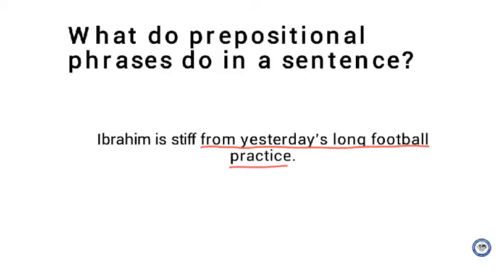So the whole thing is a prepositional phrase. And it answers the question of in what manner is he stiff, or what is the reason that he's stiff? He is stiff from the practice. So in this case, this prepositional phrase modifies stiff and not Ibrahim. Since stiff is a predicate adjective in this sentence, the prepositional phrase is an adverb.